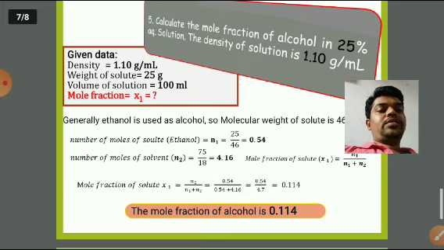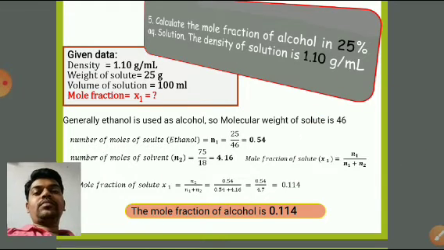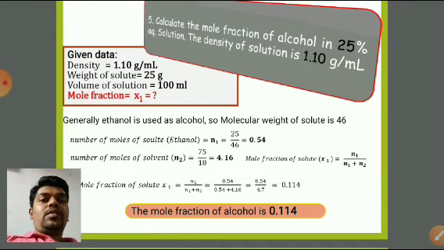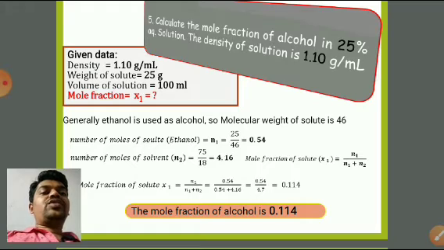The next problem is: calculate the mole fraction of alcohol in 25% aqueous solution. The density of the solution is 1.10 gram per ml. So in this problem we have to calculate the mole fraction of alcohol, in which the 25% aqueous solution is there.